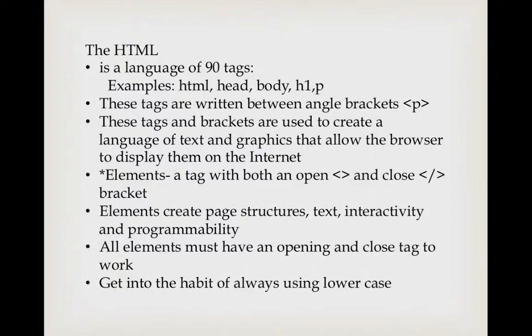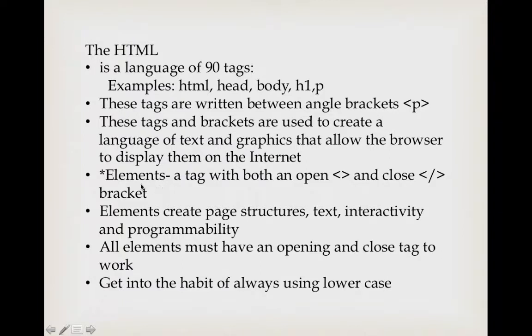These tags are written between brackets, and these are brackets, these little side V's. I don't know what else to call them, but they are called brackets, so that's what we'll use from now on. And they're very, very important when it comes to the HTML language. So these tags and brackets are used to create the language and text and graphics that you see in your web browser.